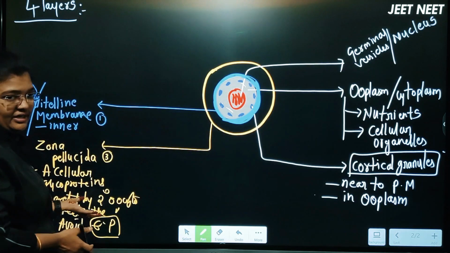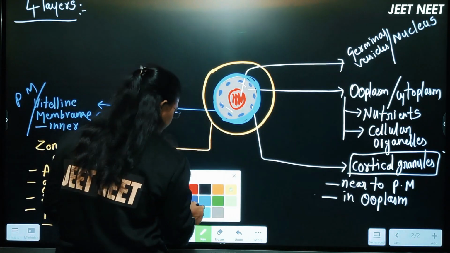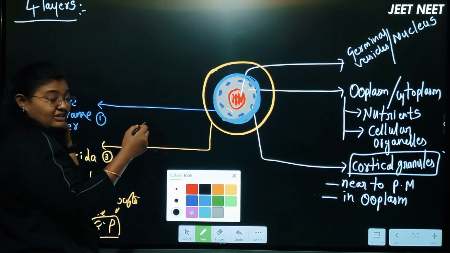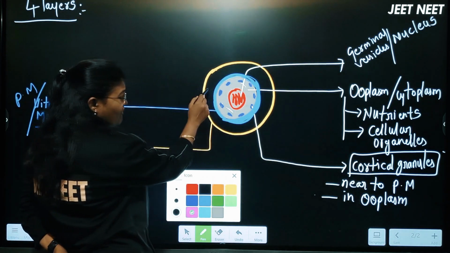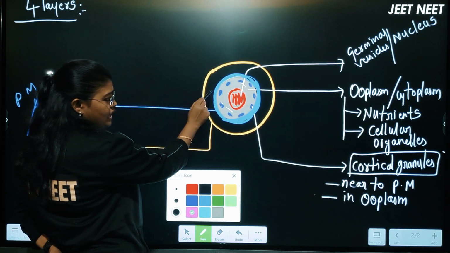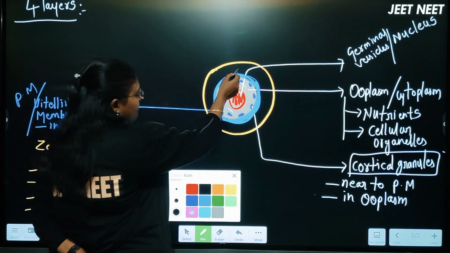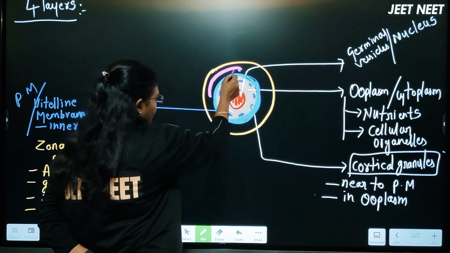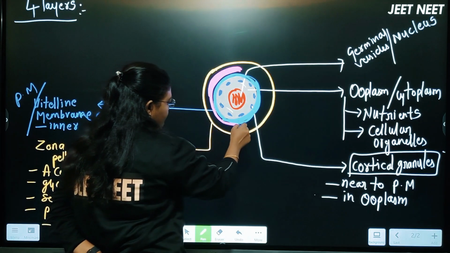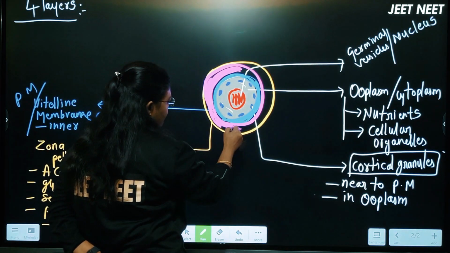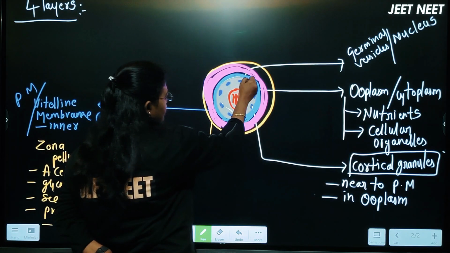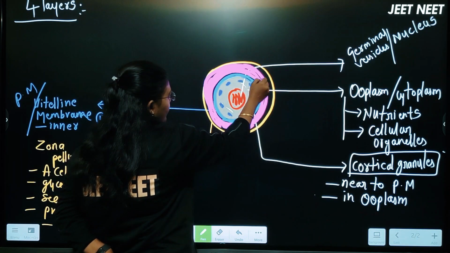Then ma'am, what is the second layer here? Right, now look here, the second membrane, the space which I am just drawing here now, the space present between the zona pellucida and the vitelline membrane, the pinkish colored layer here, this pinkish colored thing, this total we will call the perivitelline space.